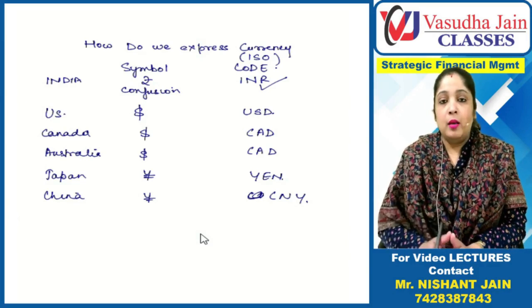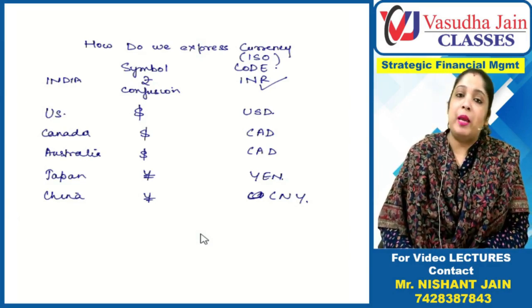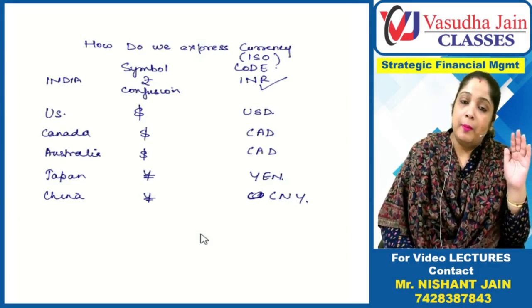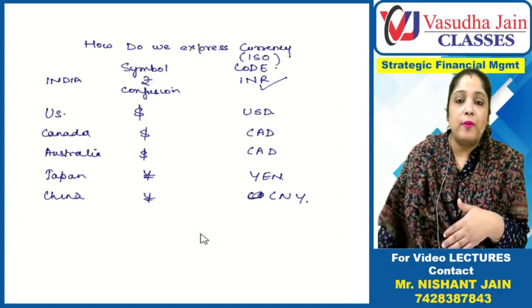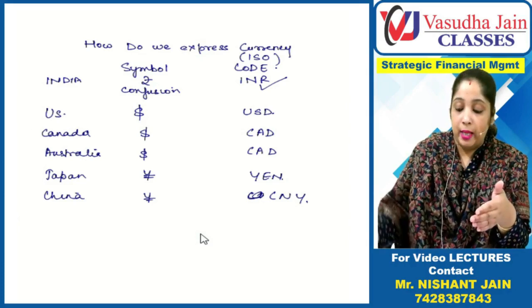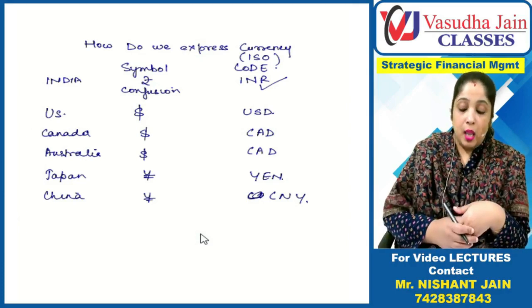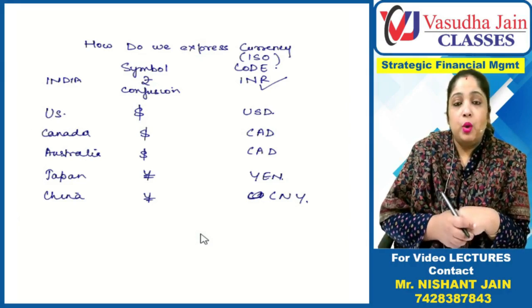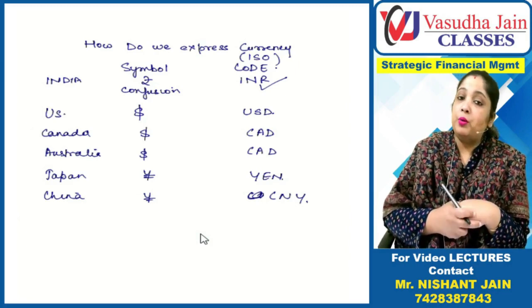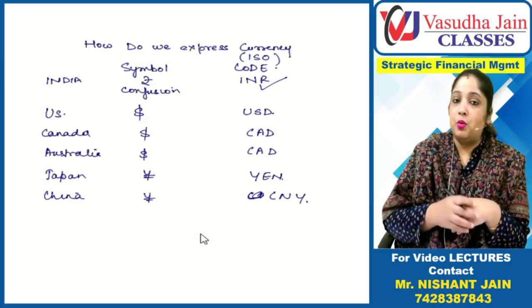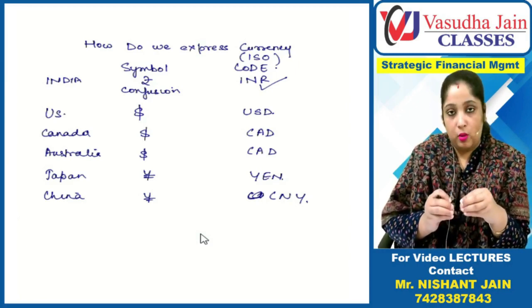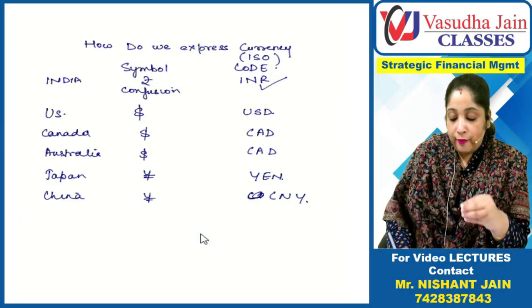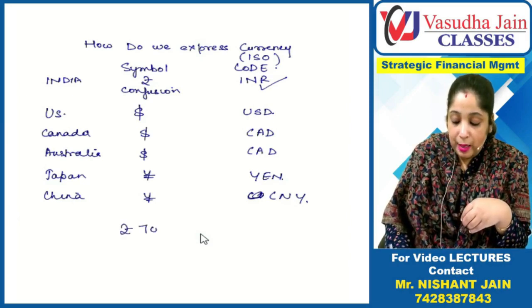But in questions, since questions have been framed 10-20 years back, they have been using symbols, but now the more fresh questions which are being framed are using codes. Now I don't want to make you confused, but I want to tell you something which will make you a little confused. You listen to what I have to say, then forget it also. I have taught you this, rupees 70 per dollar.